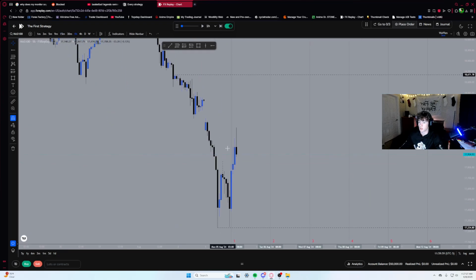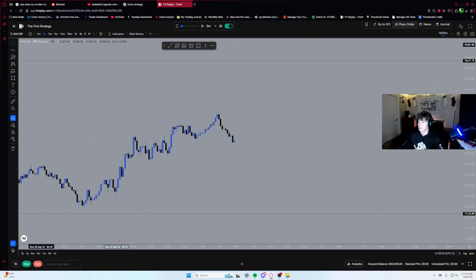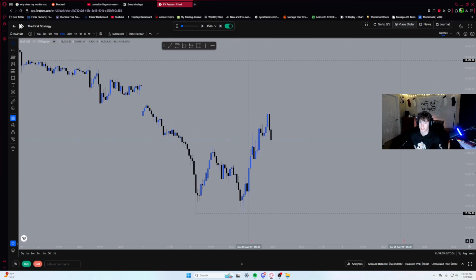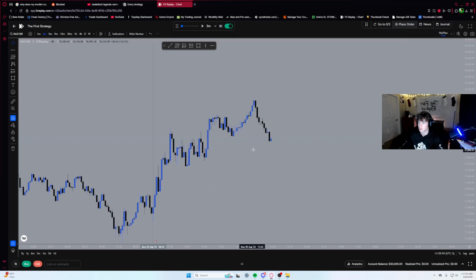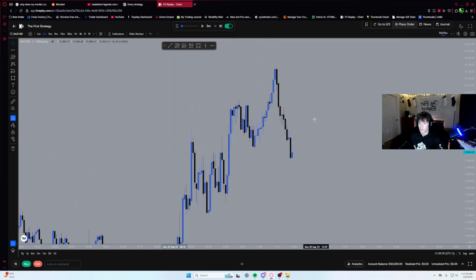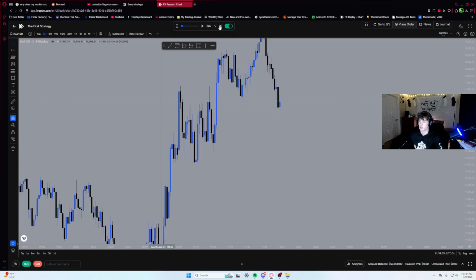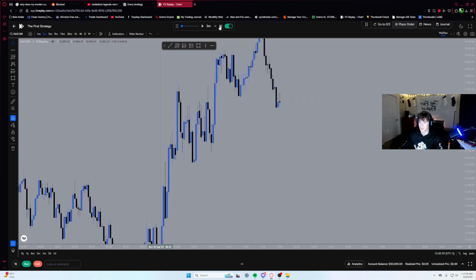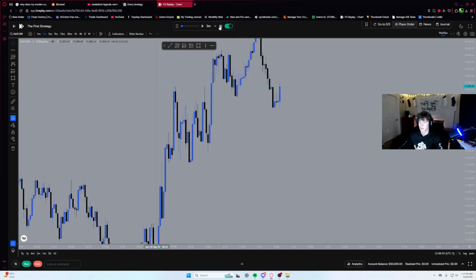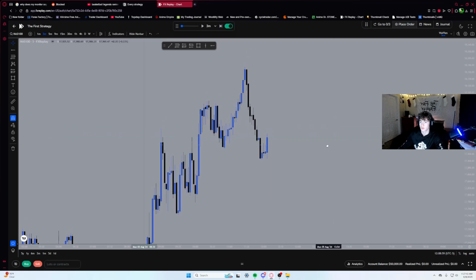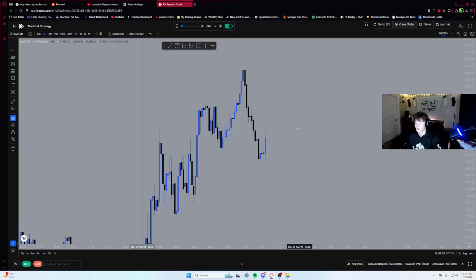Like, price's all the way up here. It's not smart to look for a short or a long, to be honest. I just don't like it in general. I could look for a smaller... I don't know. It'd be smart to trade with the trend. Let's look for longs here. We failed to create a lower low.